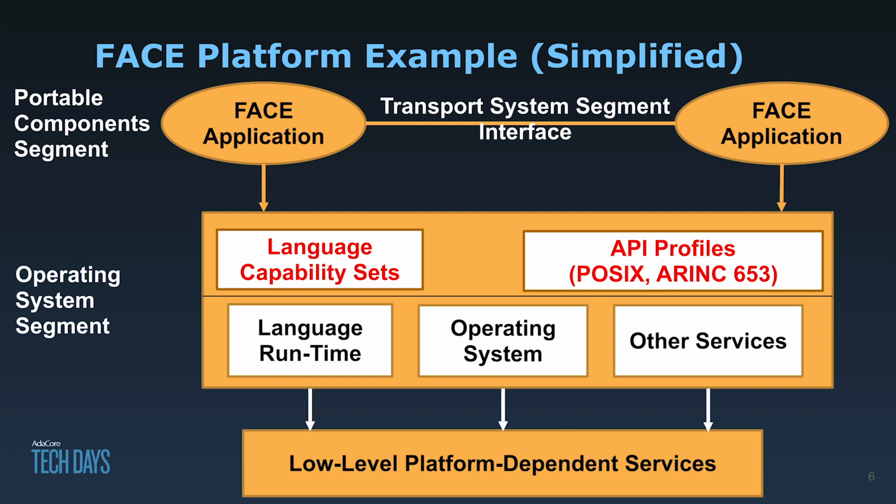That will in turn map to language runtimes. The language runtime libraries are considered part of what's called the operating system segment, together with the other operating system services: thread support, partition support, fault tolerance, and so on. These in turn would call on some low-level platform-dependent services. So very briefly, that's what a FACE environment might look like.